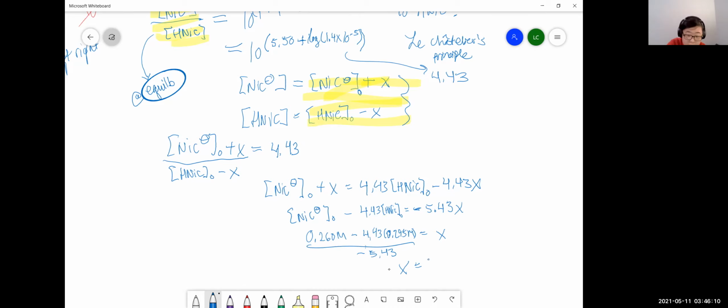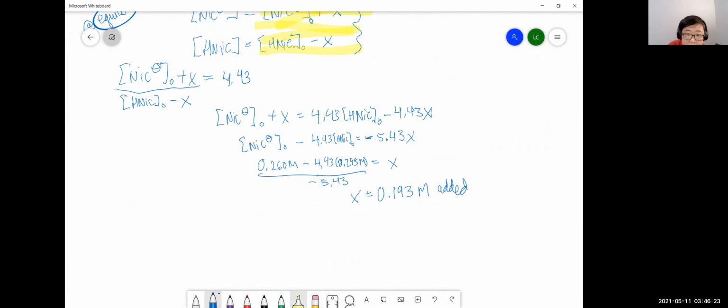Then you get 0.193 molar added. And so we finally found a change. So X is the change, but this is not finished because we know that's a concentration of added OH minus. So what we need to do now is do 0.193 molar OH minus.